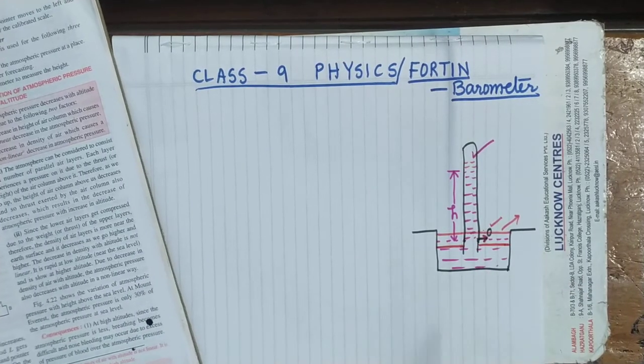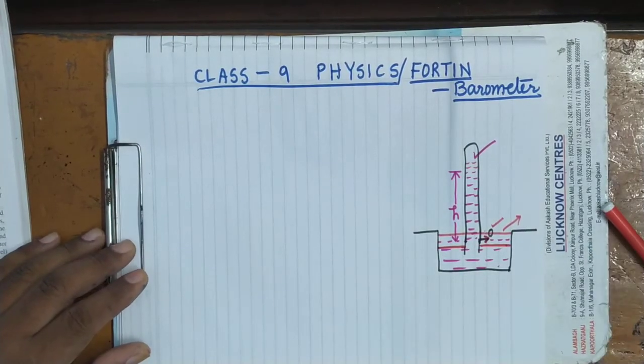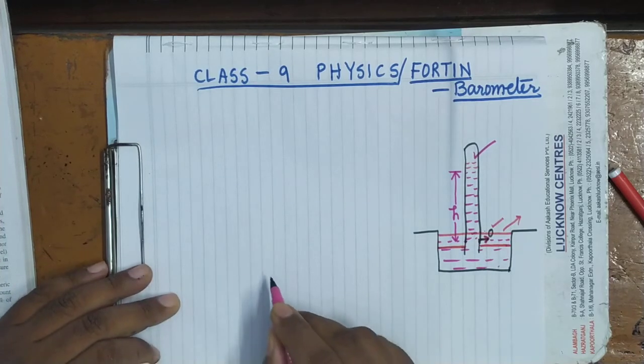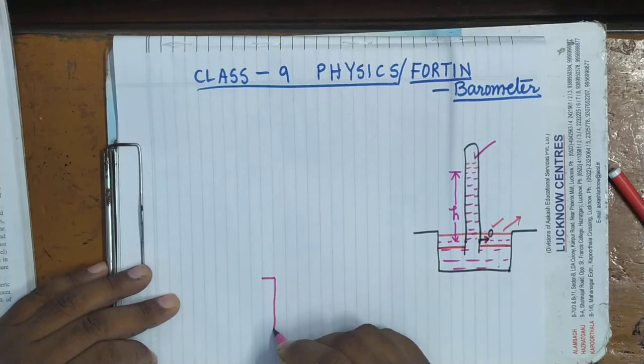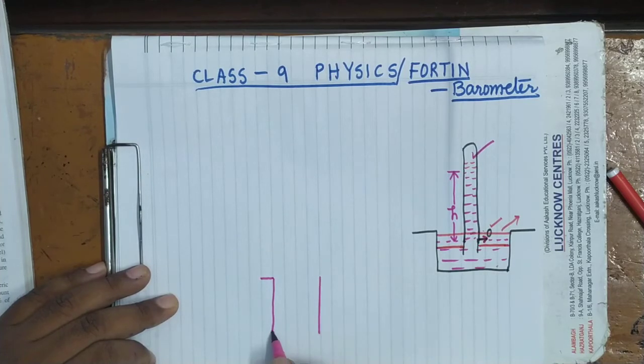Now see here, I am trying to draw a rough diagram of this. Here in the Fortin's barometer, there is a metal bowl or metal cup, made up of metal, and here there is a screw.